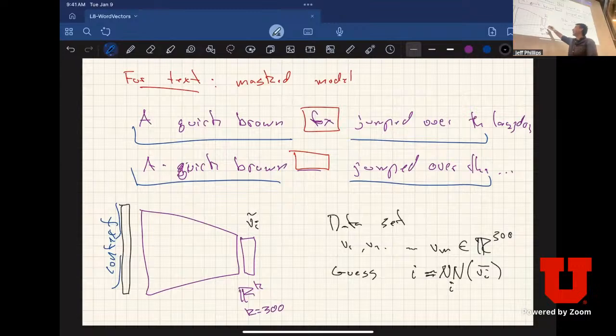I can directly learn this 300-dimensional vector using this self-supervised learning. I'm just scanning over text, and every time I shift the context window, and instead of predicting fox, I predict the word jumped, right, with a slightly different context. And then I predict the word over, slightly different context. So I slide the context window, and I do a prediction. So I scan text, and I update my gradients.